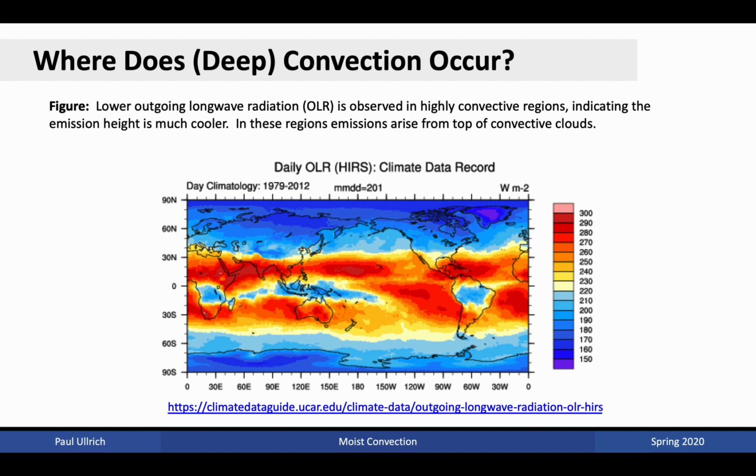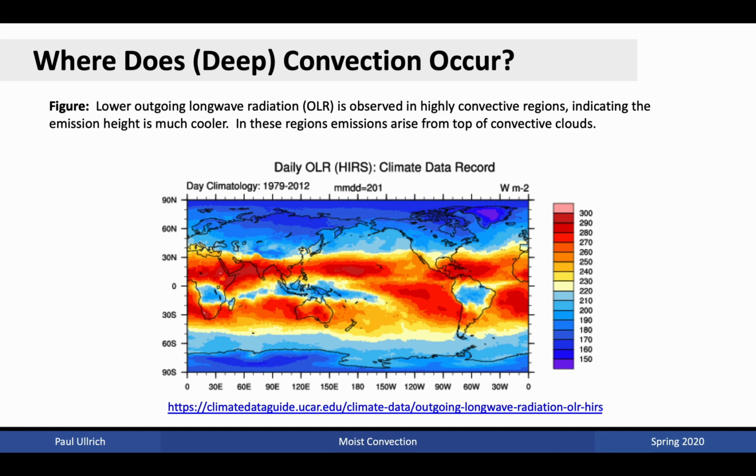Looking at satellite records of outgoing long-wave radiation, we see that for the most part, these profiles match closely with what we've observed previously for the temperature variation over the Earth. That is, we see cold temperatures in the polar regions and warmer temperatures over the tropics and subtropics. This indicates that we have cooler emission occurring from the polar regions and warmer emission coming from the subtropics.